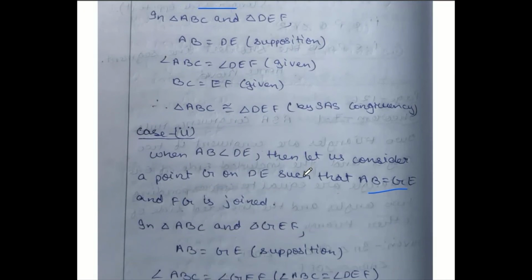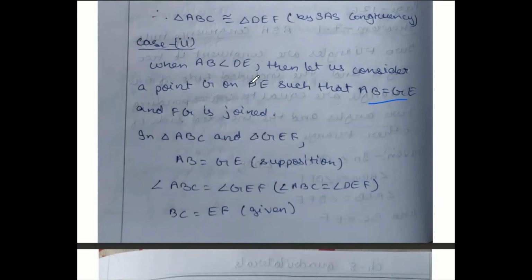Now see the writing, case 2. When AB is less than DE, then let us consider a point G on DE such that AB equals GE, and FG is joined. So both the triangles we have selected and we are making congruency by side angle side. By CPCT, angle ACB and angle GFE are equal.